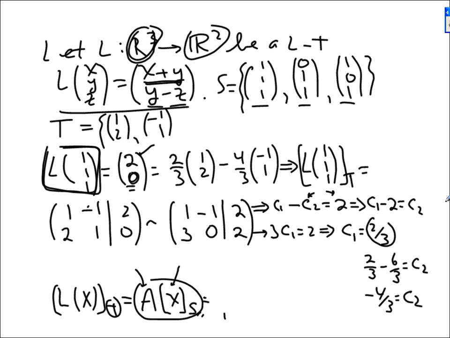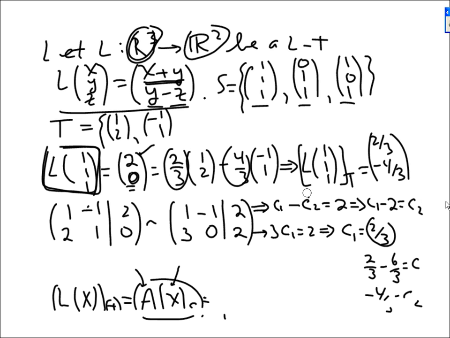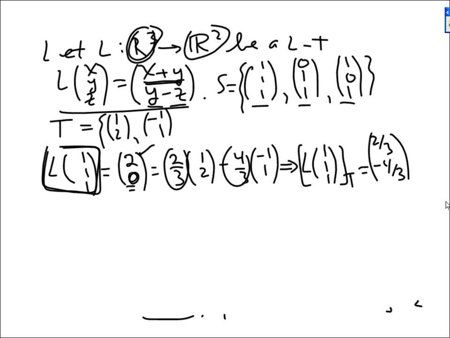And it is 2/3, negative 4/3. That's going to be the first column of A. I'm going to stop solving systems of equations at this point.